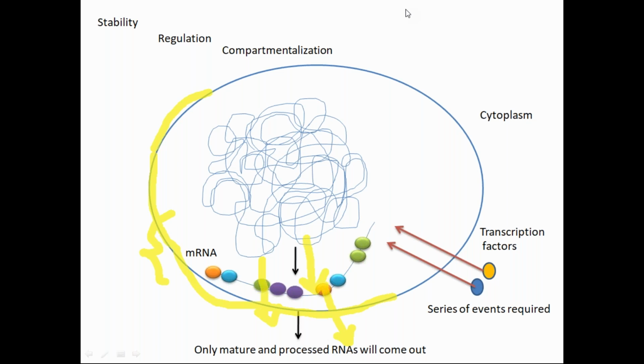Okay, so this is your compartmentalization. One more thing: suppose one signal has come that I need to make some nuclear protein complex, some transmembrane protein complexes. A signal has come. So this DNA has got this signal, so what will it do?